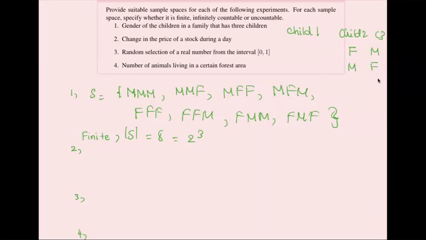But if you don't care about the order, then you can write something like the sample space is 3 male, 3 female, 2 male 1 female, 2 female 1 male, something like that. And it will not take into account the order. So it's like permutation and combination. Yes, that's correct. So the sample space is really up to you. Sometimes it makes more sense to take into account the order, but sometimes that would produce too many outcomes.